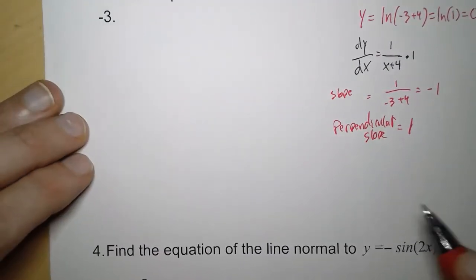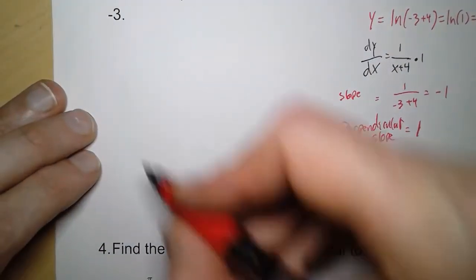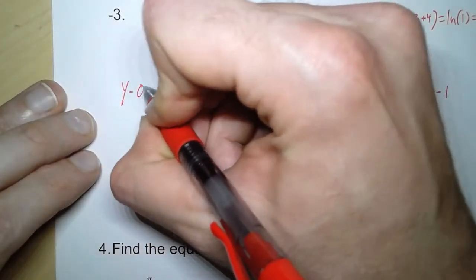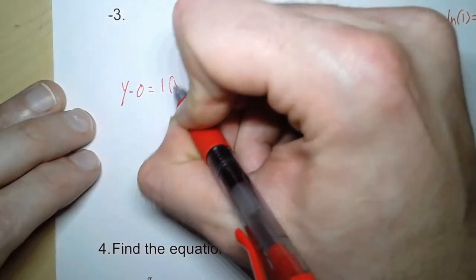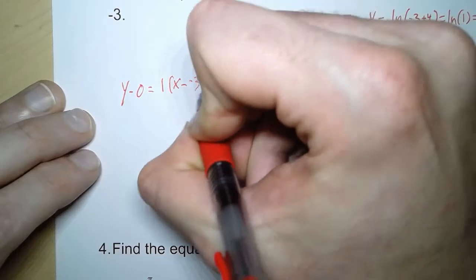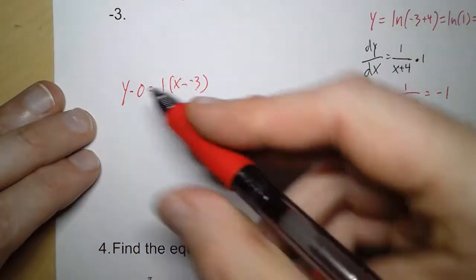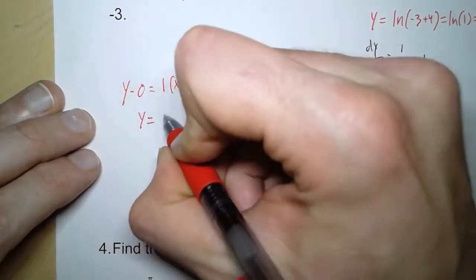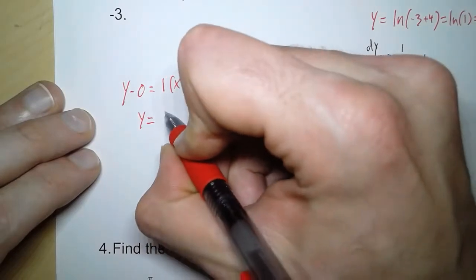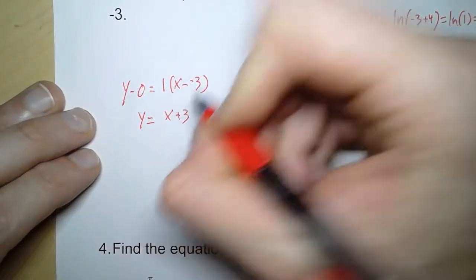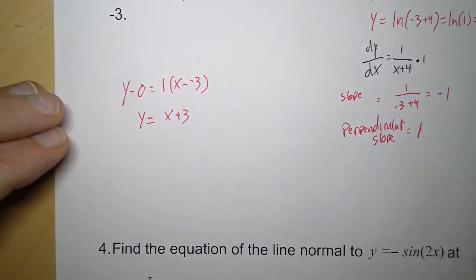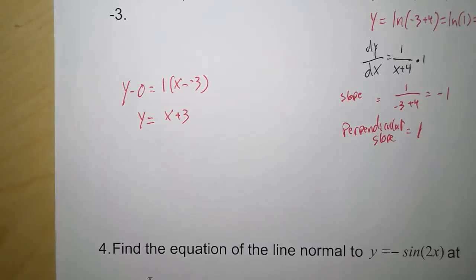So our point slope form for our normal line is going to be y minus 0 equals 1 times x minus negative 3. And so when we simplify this, this becomes x plus 3. And so it's also simplified as slope-intercept form.